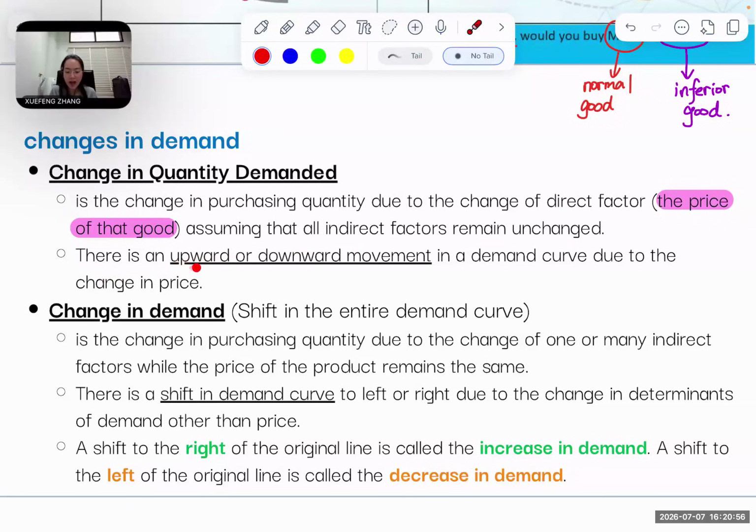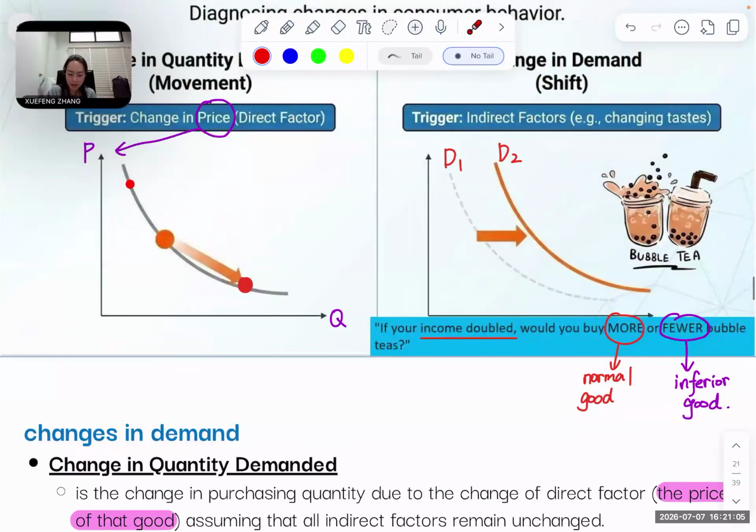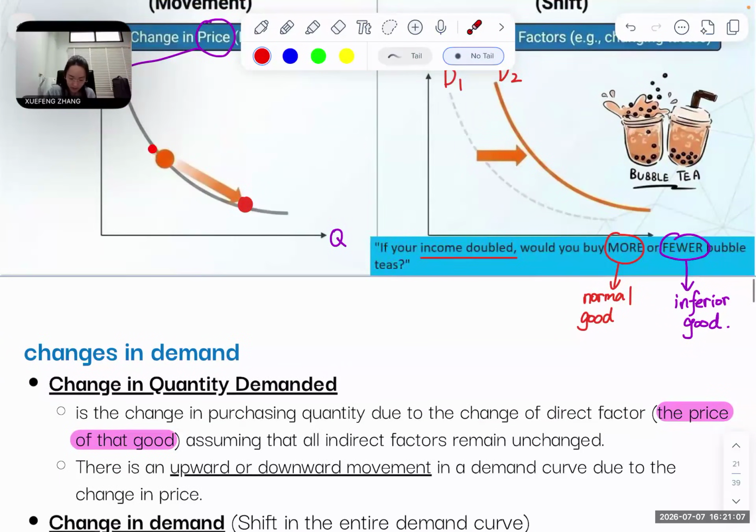This is an upward or downward movement along a demand curve due to the change in price, like the graph here.